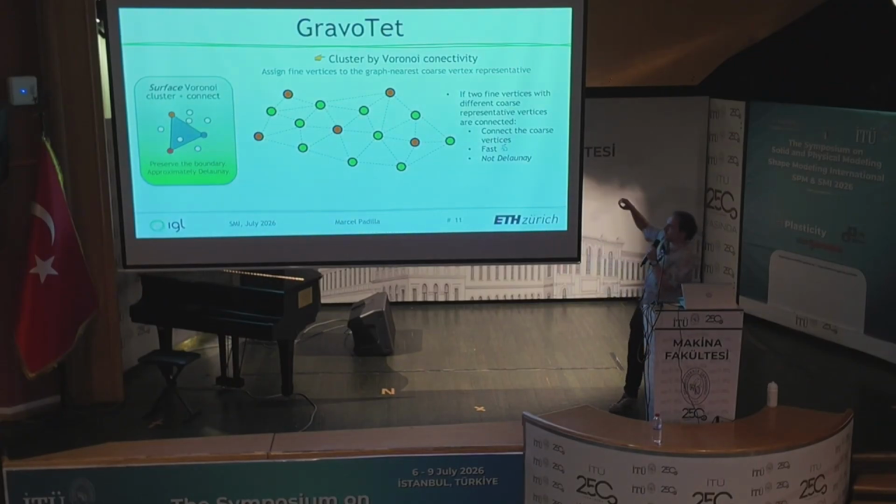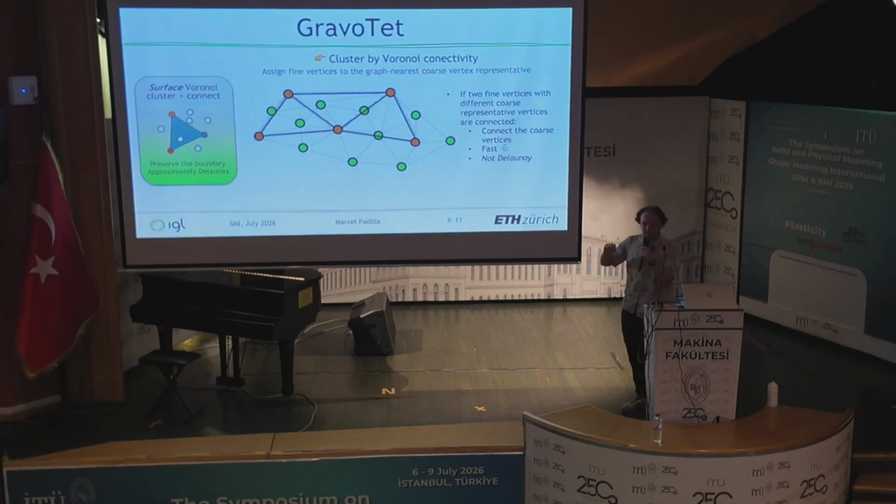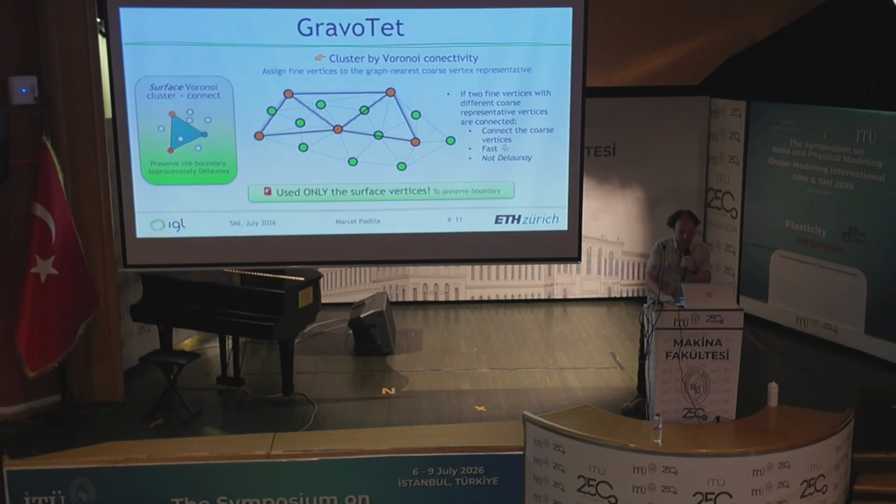It's something you can do fast with Dijkstra's algorithm, and starting multiple locations at once, you can quickly scan which vertices belong to which coarse vertex, and then connect them with each other, and then you get something like this. Also very fast.